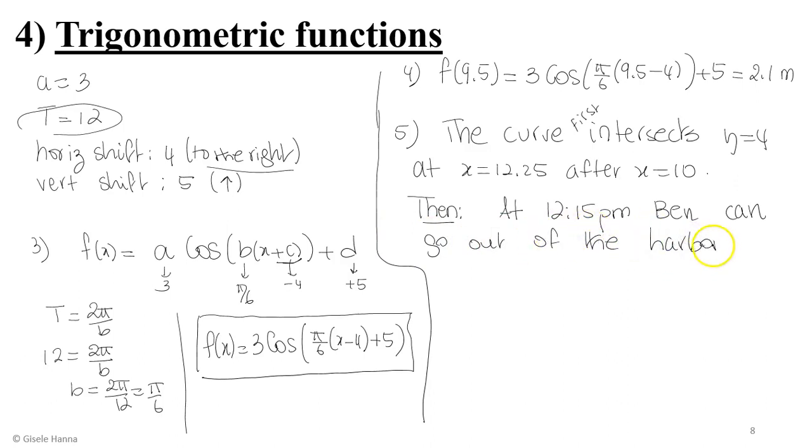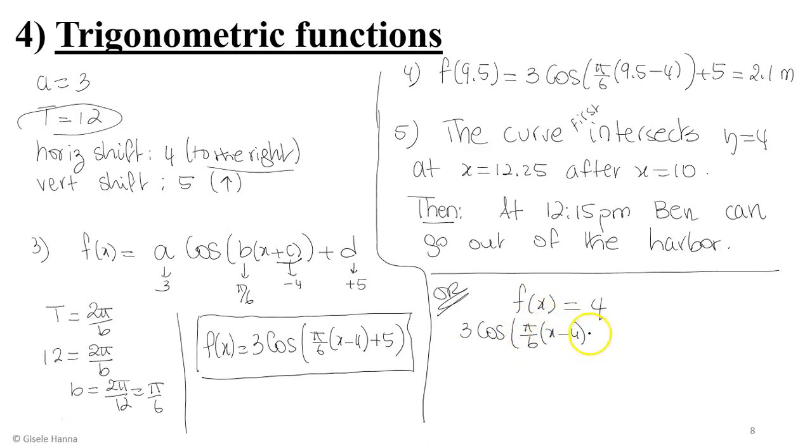Now over here, if you were to actually calculate this, you would consider f of x equals 4, then solve for cosine. So you would have 3 cosine of pi over 6 into x minus 4, plus 5 equals 4.